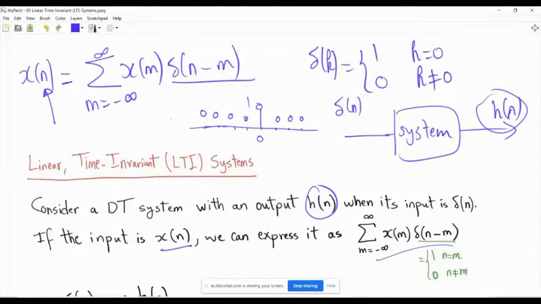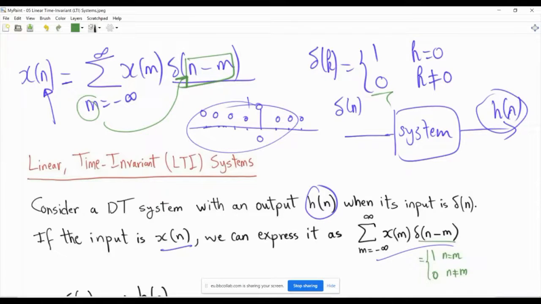Now, what happens with this delta? It's the discrete time delta. It's not a monster or anything. It's a straightforward sequence. This guy is always 0, except when its argument is equal to 0. So if the index m is different from n, the discrete time delta is 0, and we have a 0 term.